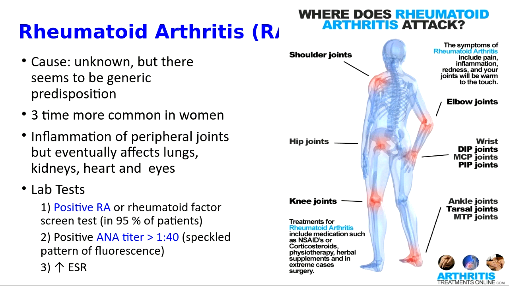And how do we diagnose rheumatoid arthritis? The doctor will order an ANA, and they are going to be looking for a very specific fluorescence pattern, and they're looking for a high titer of that antibody.